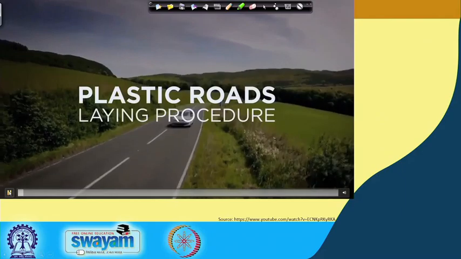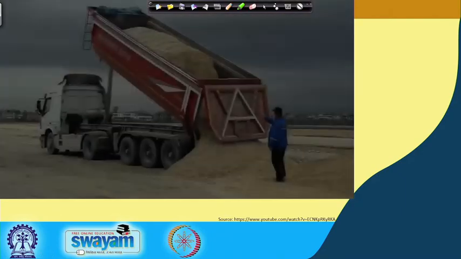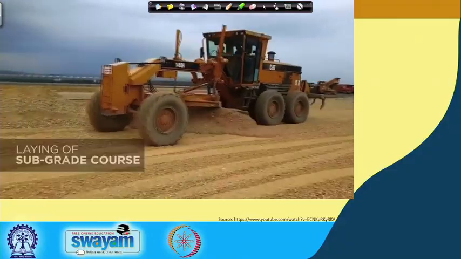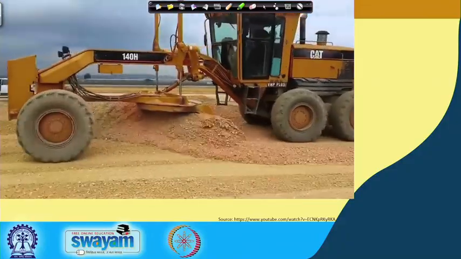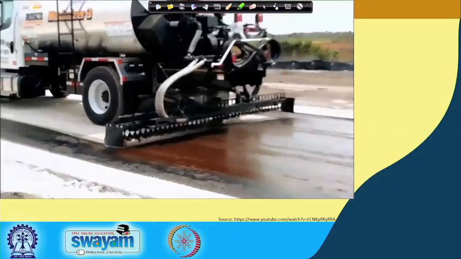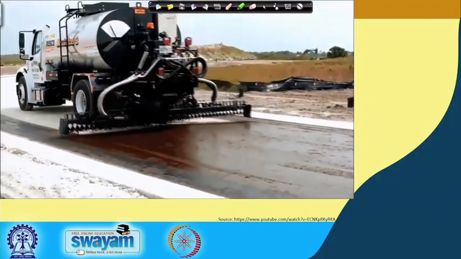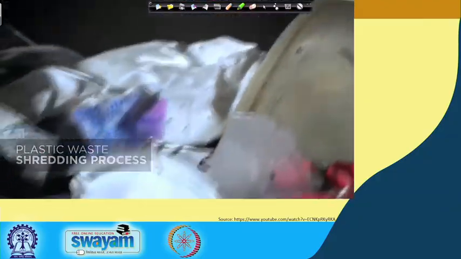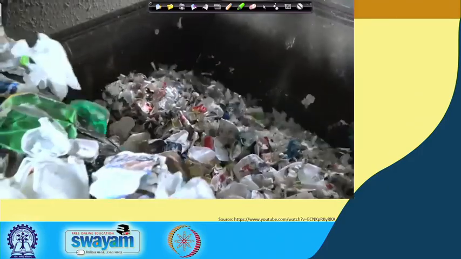Plastic roads, the laying procedure. The laying procedure for plastic roads is the same as for any flexible pavement, from the subgrade course to the base course. The waste plastic is accumulated and sent into the shredder machine.